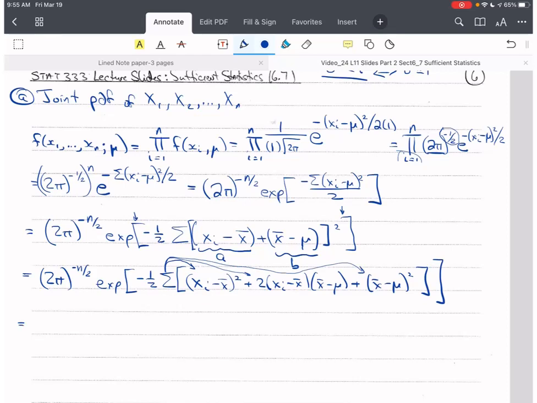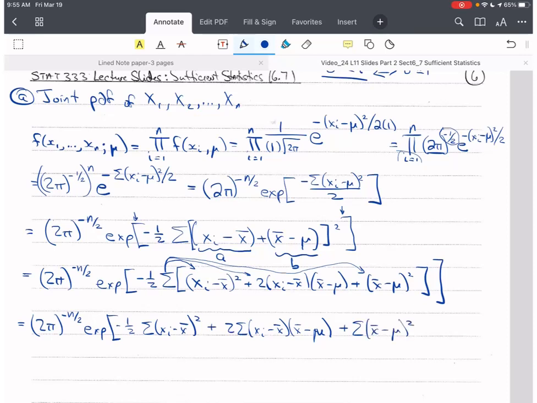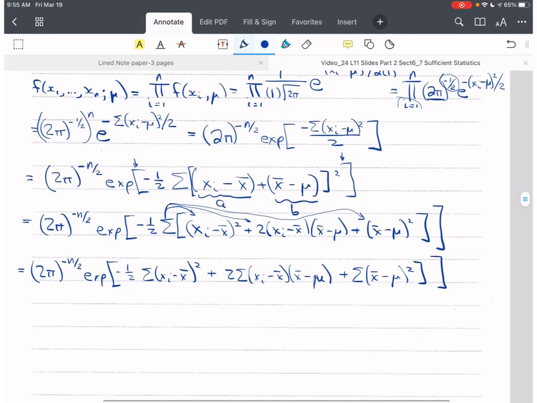So this becomes (2 pi) to the negative n over 2 exp negative 1/2 sum of x sub i minus x bar, sorry, quantity squared plus 2 times the sum of x sub i minus x bar times x bar minus mu plus sum of x bar minus mu quantity squared. And we have one bracket, two brackets. All right. So now we can simplify these summations.